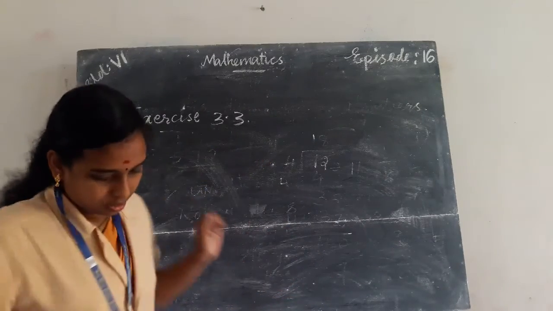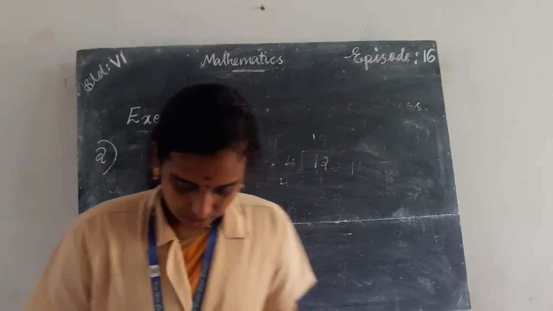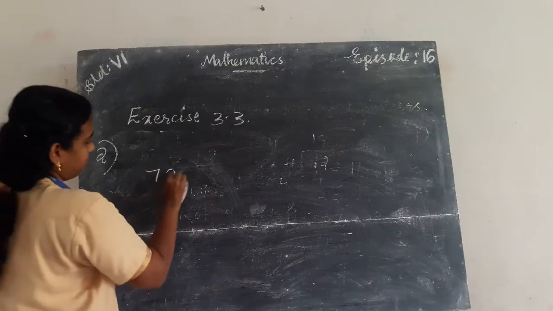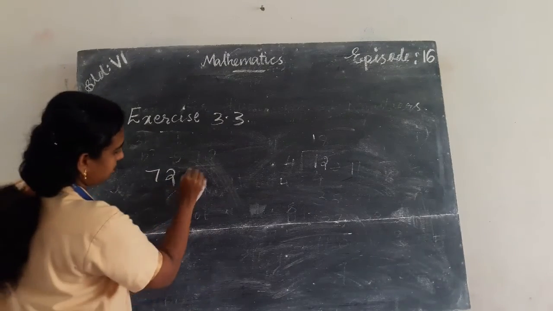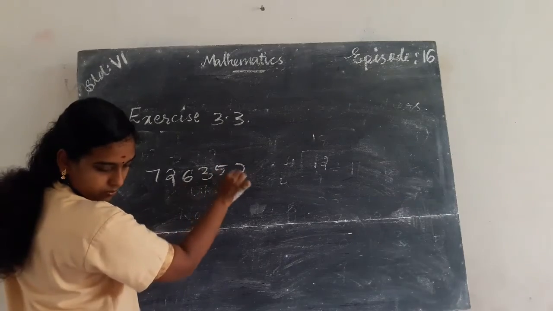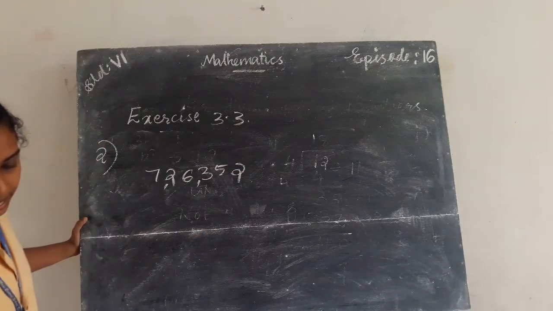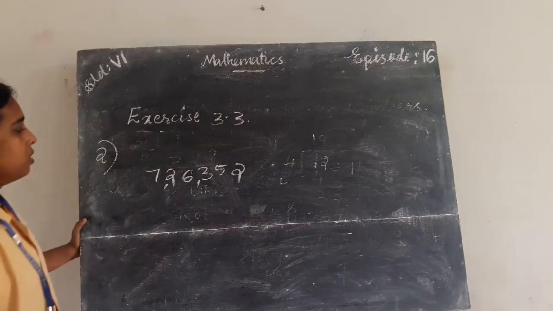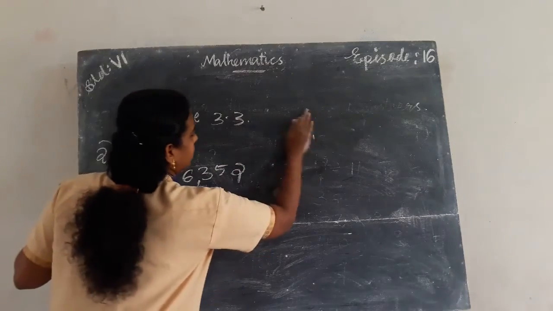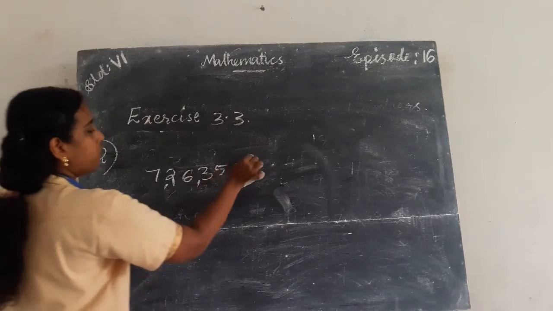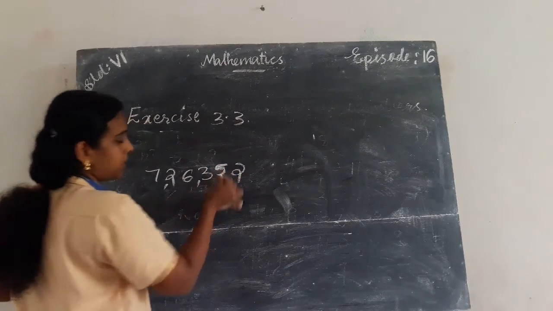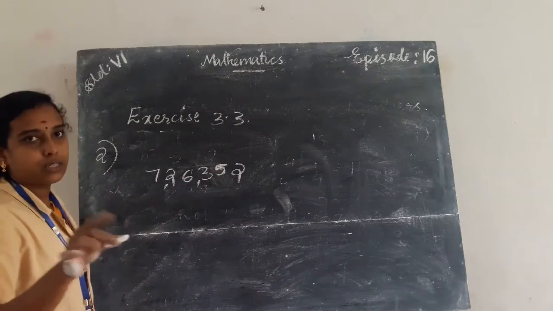Next question. 352. So first check the divisibility by 4. To check the divisibility by 4, we take the last 2 digits from the right.